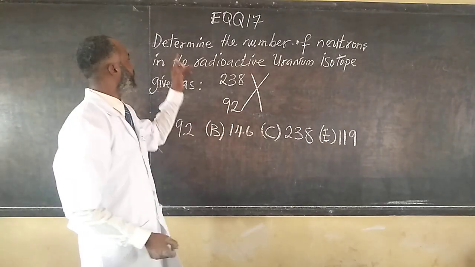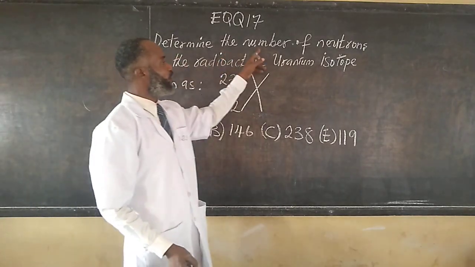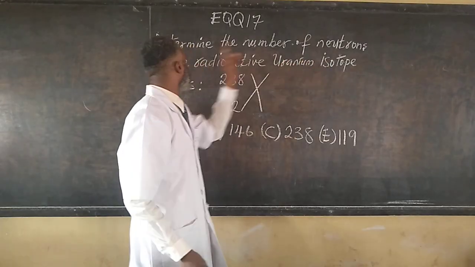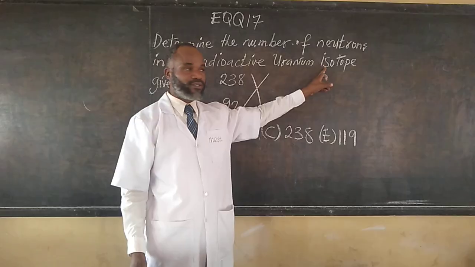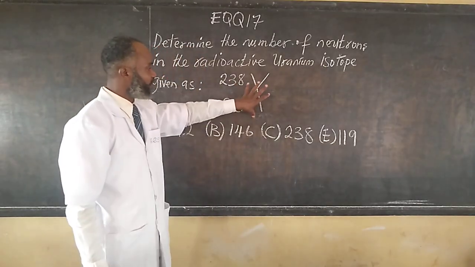Let's take it again. Determine the number of neutrons in the radioactive uranium isotope given as this.